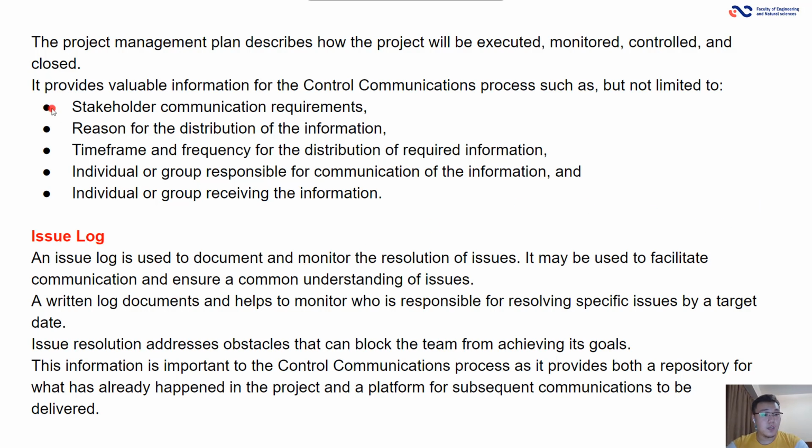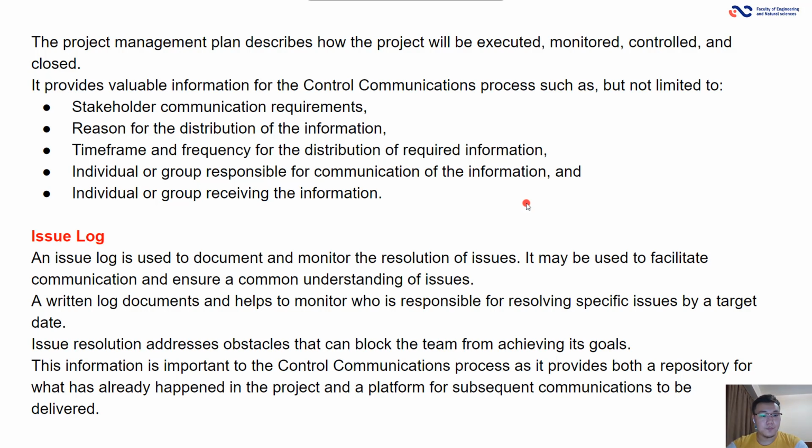Issue log. An issue log is used to document and monitor the resolution of issues. It may be used to facilitate communication and ensure a common understanding of issues. A written log documents and helps monitor who is responsible for resolving specific issues by a target date.